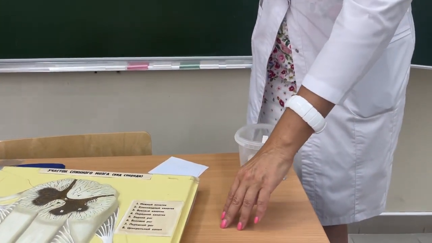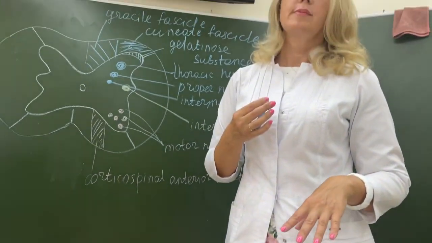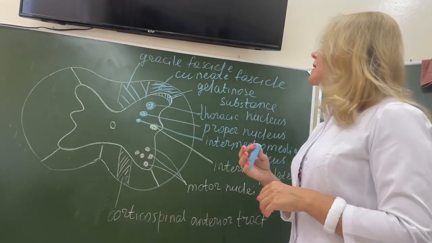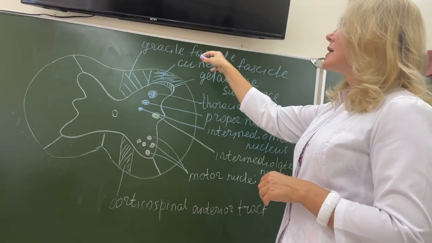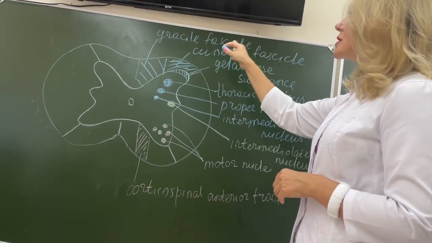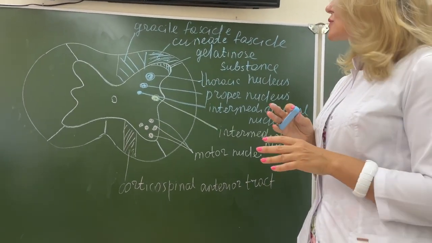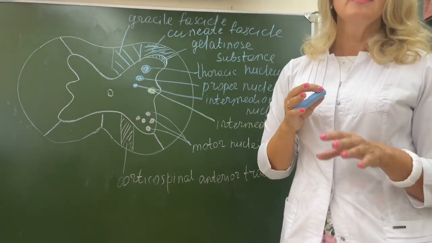So when I touch this table, I understand that the surface is smooth. I understand it, yes? So all of them are proper receptions, and they are responsible for the position of the human body in space, and also for the tactile sensation.